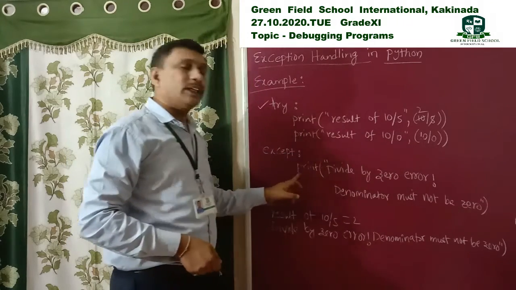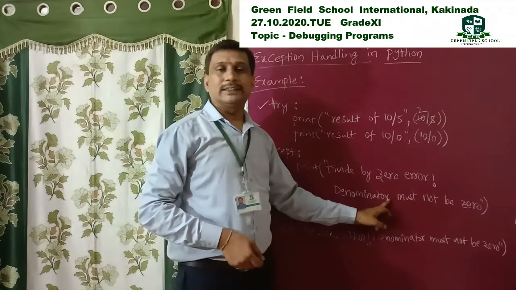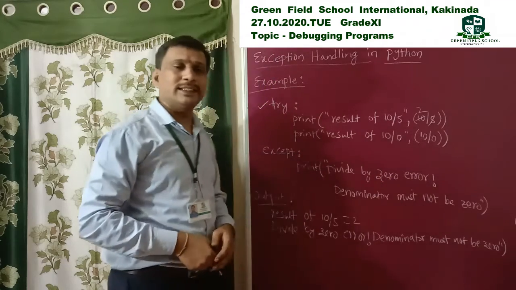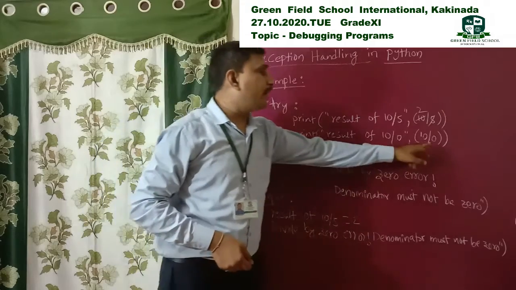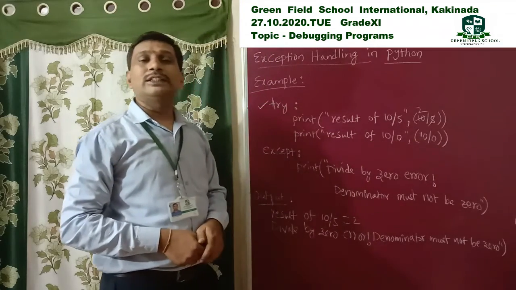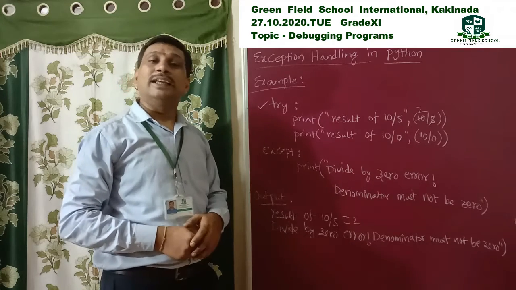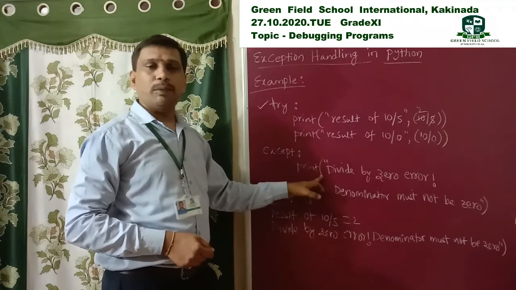It comes to this except block and displays the message divide by 0 error. We cannot divide 10 by 0. That is an exception. Immediately when the exception is raised, it comes to the except block.